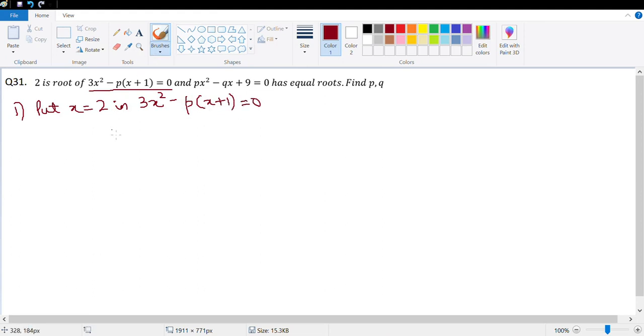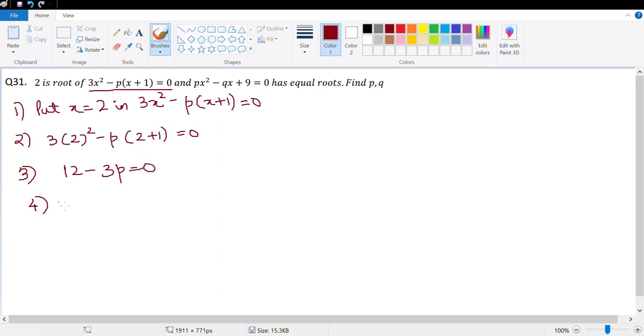What we get is 3 multiplied with 2 square minus p multiplied with 2 plus 1 is equal to 0, which means 3 into 4, that's 12, minus 3p is equal to 0, which means 3p is equal to 12, which means p is equal to 4.